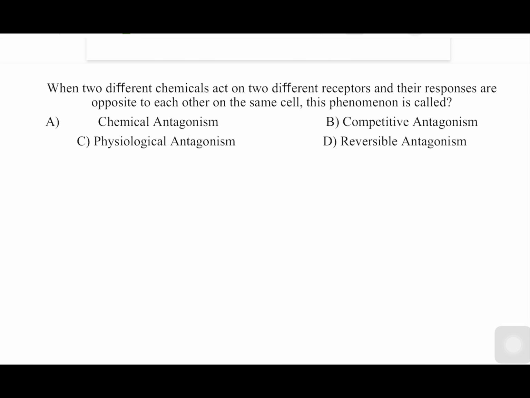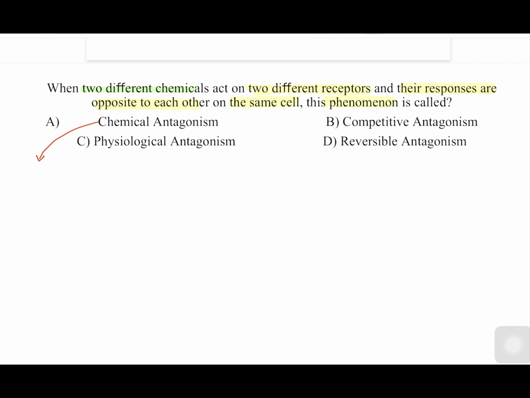So the first question was: when two different chemicals act on two different receptors, and their responses are opposite to each other on the same cell, what is this phenomenon called? Before going into the question detail, what is chemical antagonism?